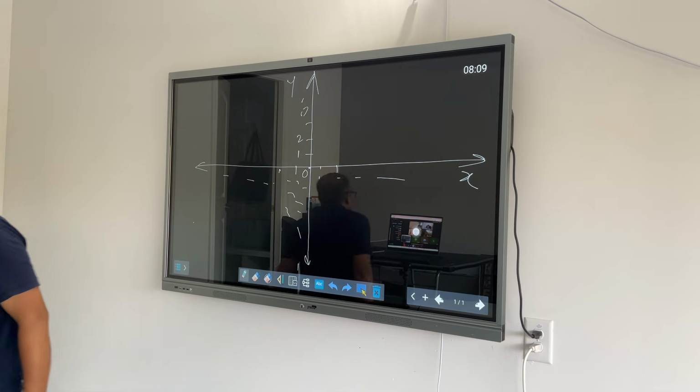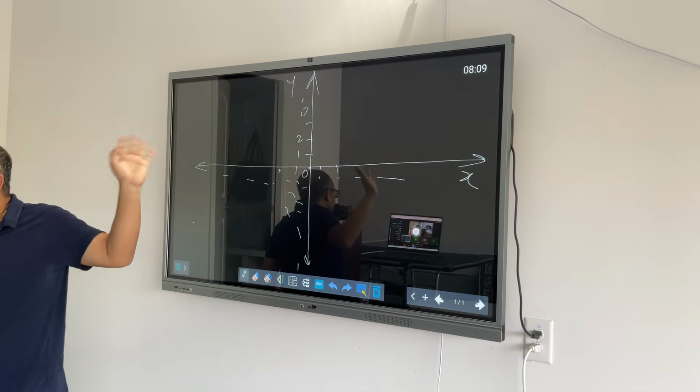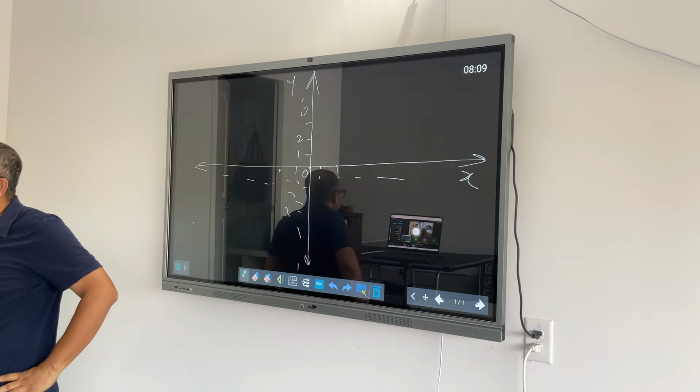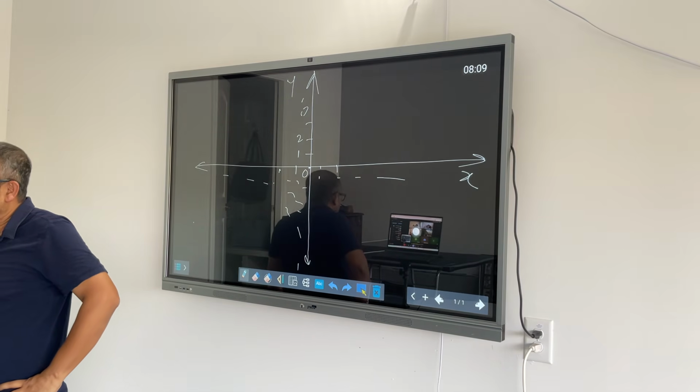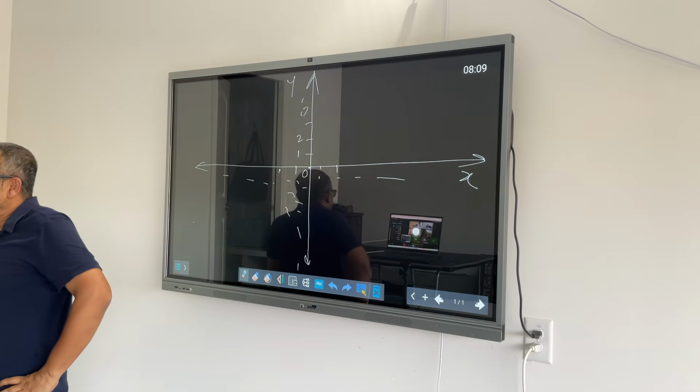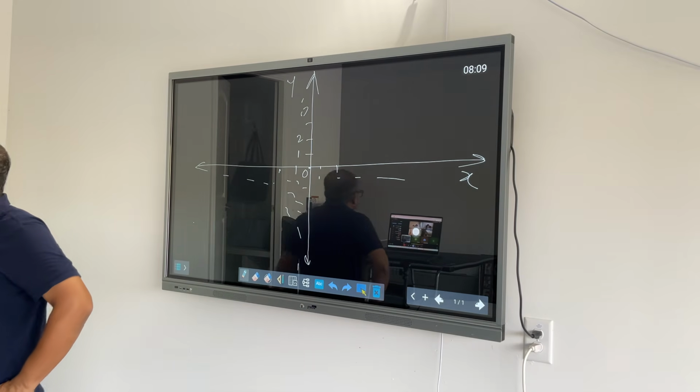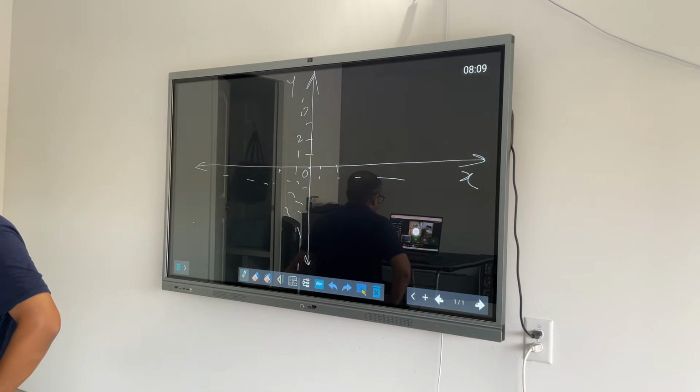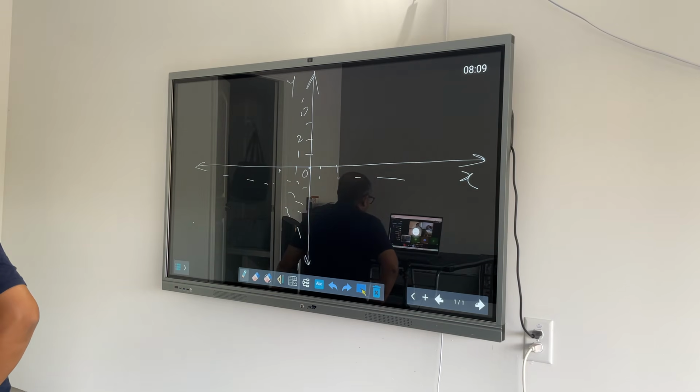Now you guys must be thinking, why are we spending or wasting time on something that we already know? Because this is your foundation for trigonometry, for three-dimensional geometry, volume, surface area, whatnot. Okay?